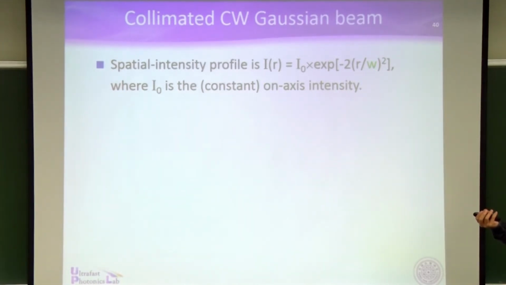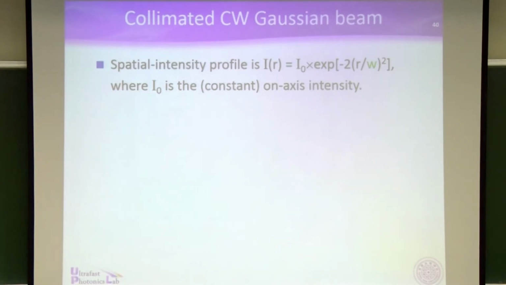It does not change with z. In a real Gaussian beam, both I0 and w will change with z, right? But here, because of our assumption, it's very simple. I0 is a constant, w is a constant. Your light intensity only decays as a function of r according to the Gaussian profile.